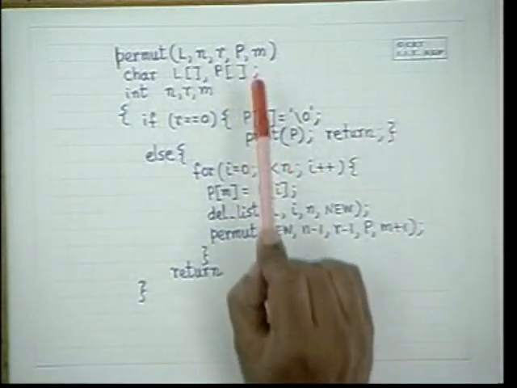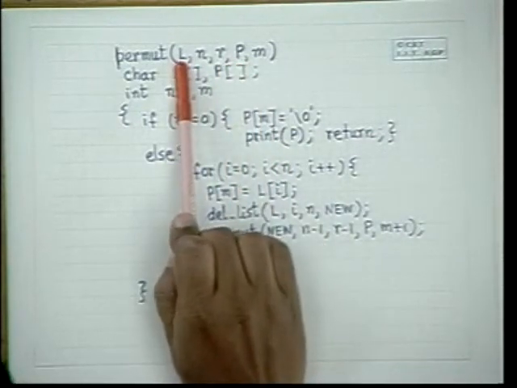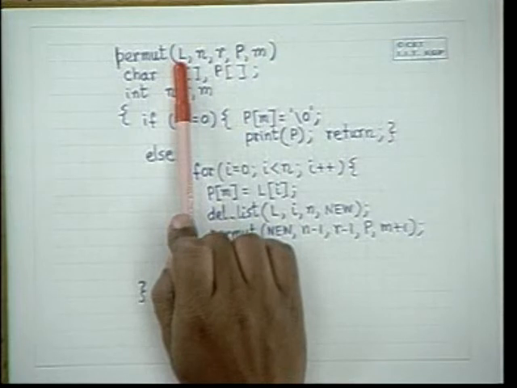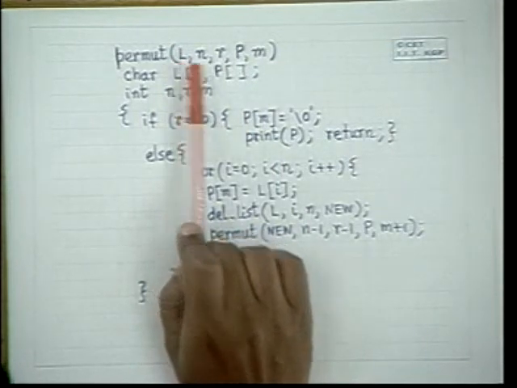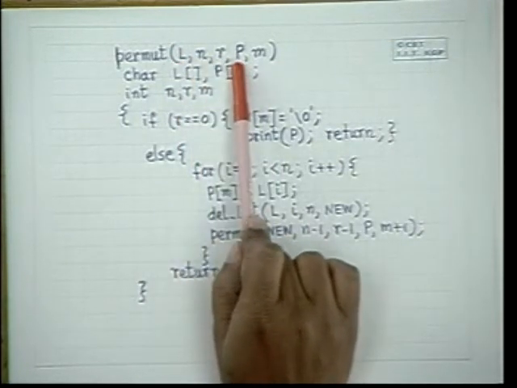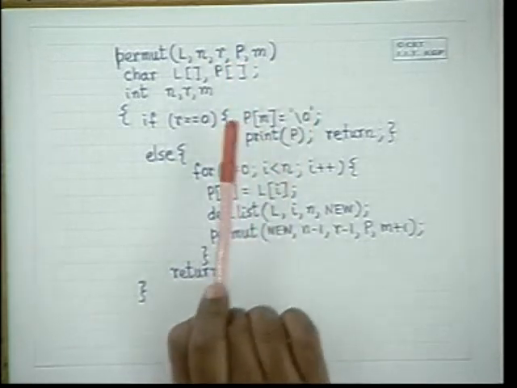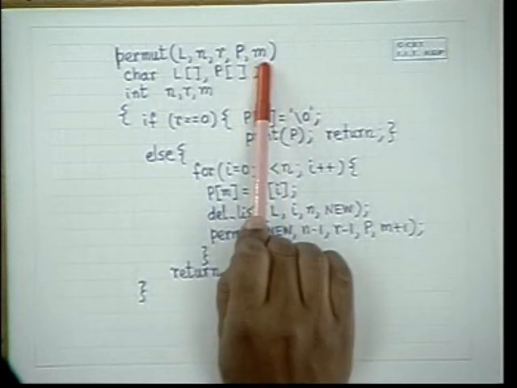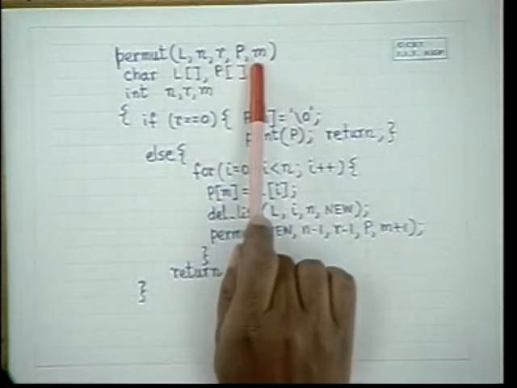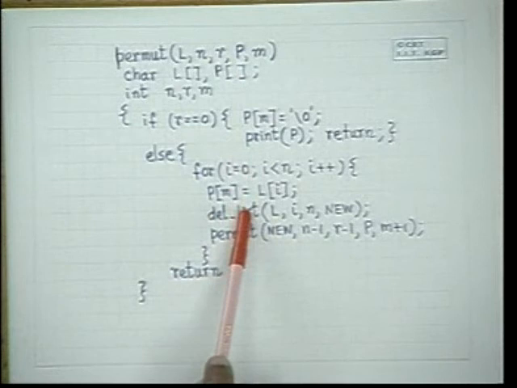What we will do is, like we have used the character array L for the list, N and R, we will use another character array P for passing down the strings, and M will be indicating at what point you have to insert it here.